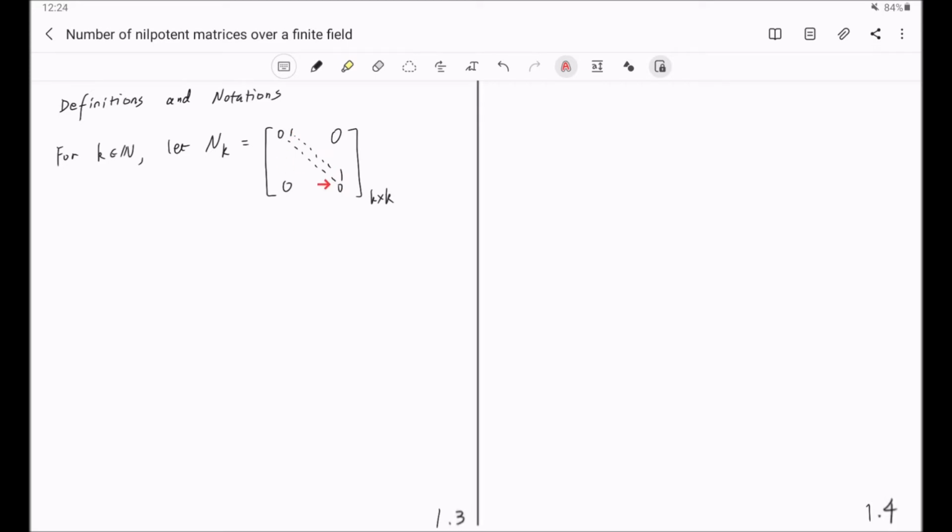You can view this as a Jordan block where the diagonal entries are all equal to 0.